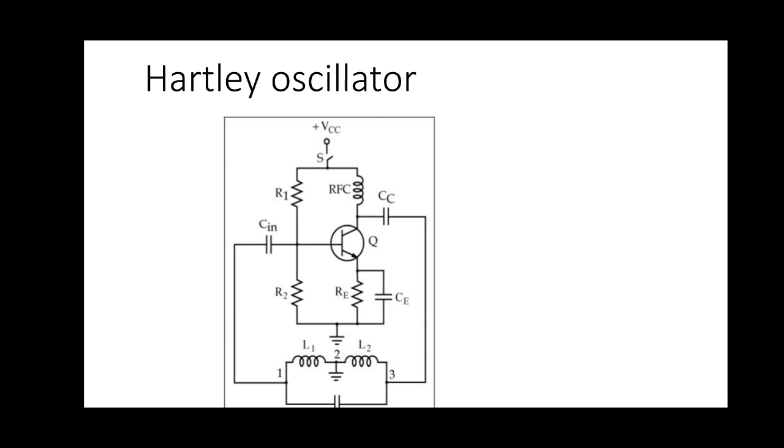It's called an oscillator. An oscillator is a circuit that generates an AC signal without needing any input except DC. So here in the oscillator we are applying only a DC signal and not applying any AC signal. A circuit that generates oscillation of desired frequency is known as an oscillator.